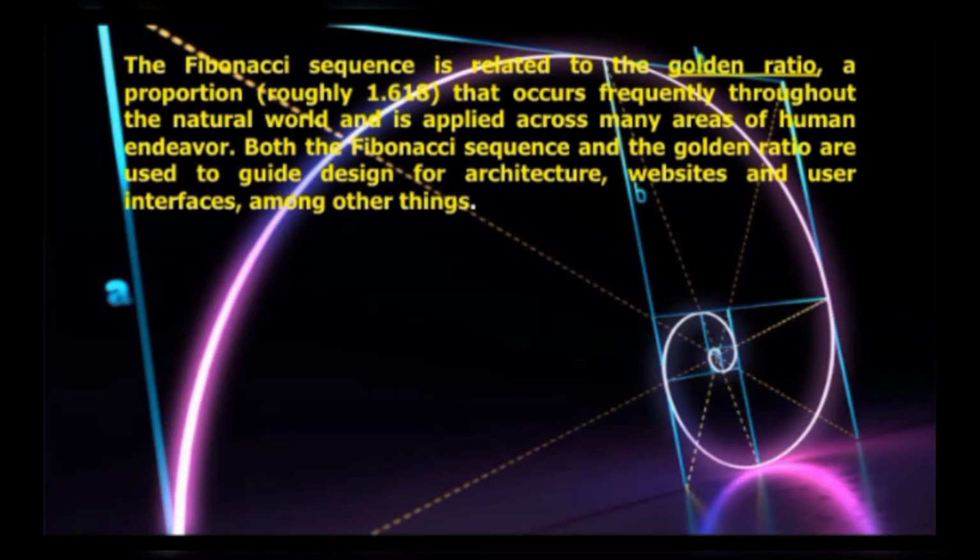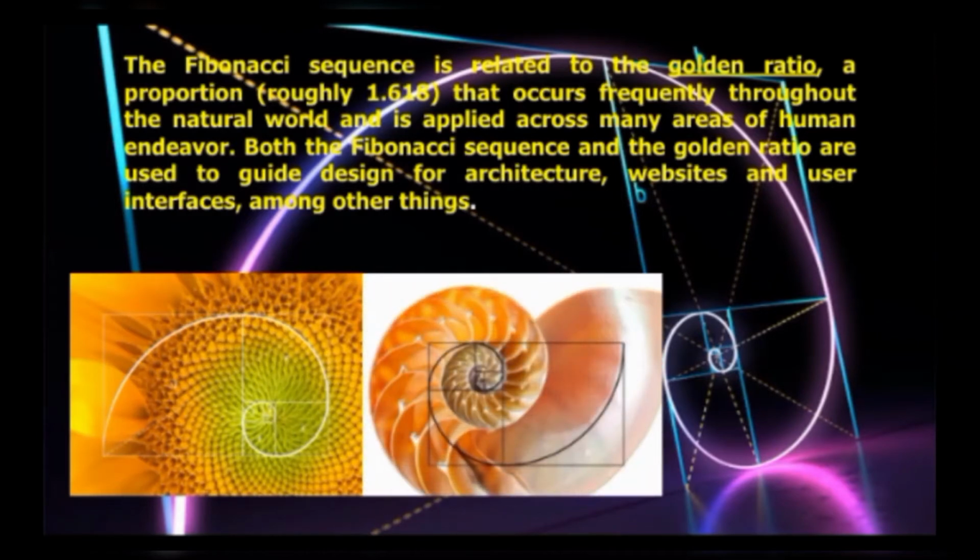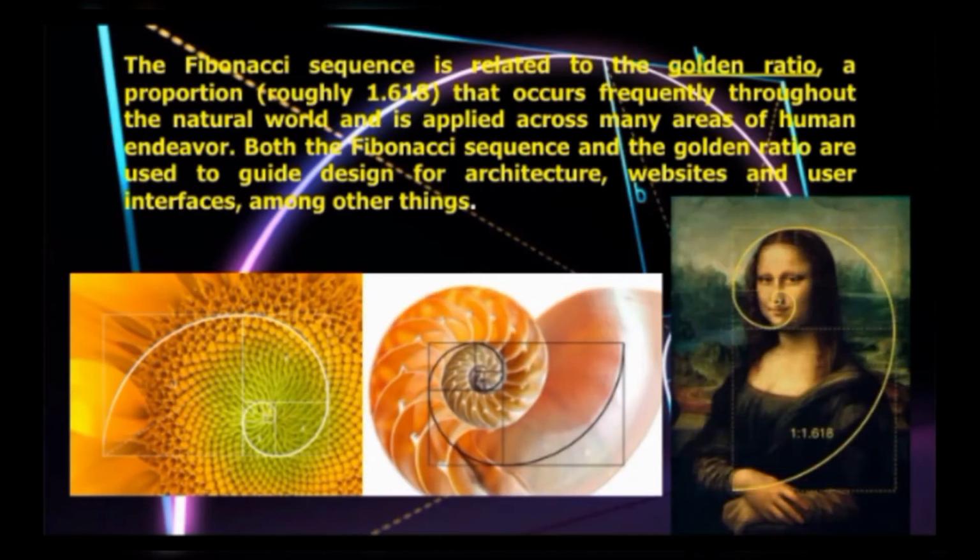Both the Fibonacci sequence and the golden ratio are used to guide designs for architecture, websites, and user interfaces, among others. We can see the golden ratio in sunflowers, shells, and even the picture of Mona Lisa. And there are so many more that we can see in our surroundings.